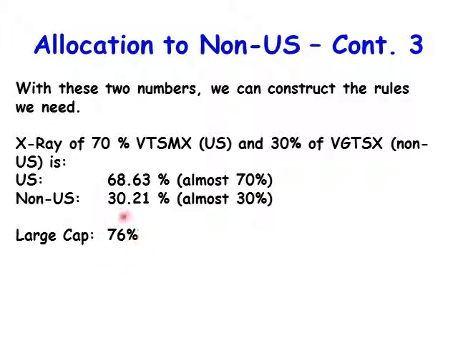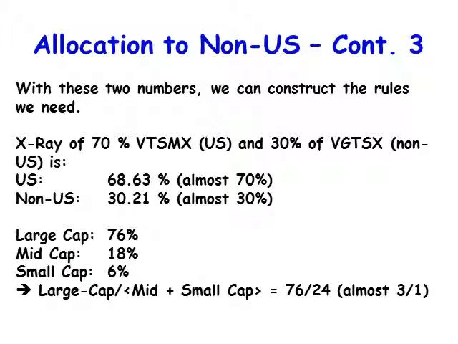Large cap was 76%, mid cap is 18%, and small cap is 6%. So that gives me a ratio of large cap to mid cap plus small cap of 76 to 24, which is almost like 3 to 1. So we'll design our portfolios to have a 70-30 allocation, 70% to US, 30% non-US, and large cap to mid cap plus small cap would be a ratio of 3 to 1.